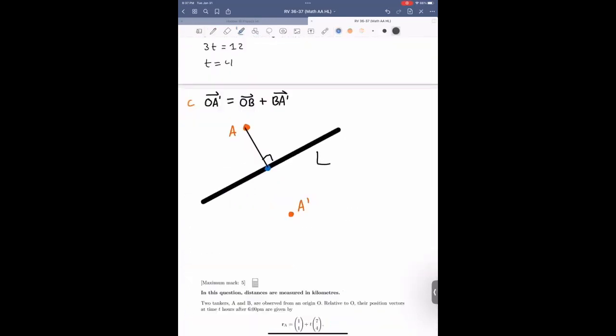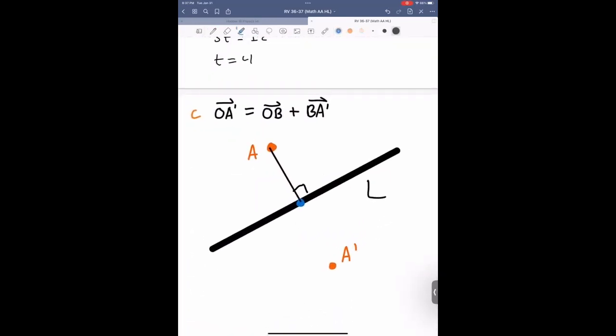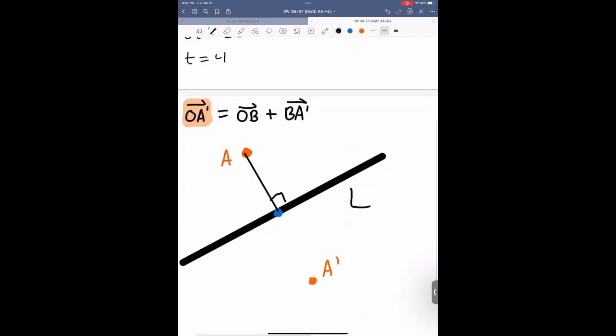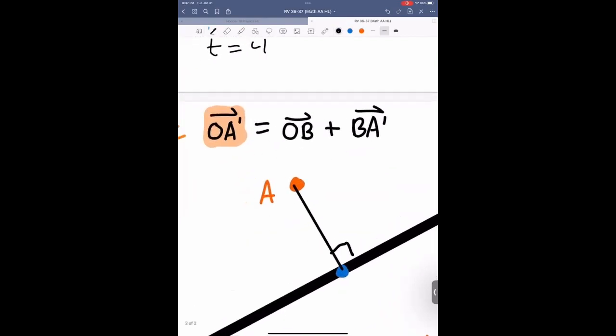So another way to write the coordinates of A prime is just by writing it as a vector OA prime. And using the principles of vector addition, we can deduce that the vector OA prime is equal to OB plus vector BA prime.